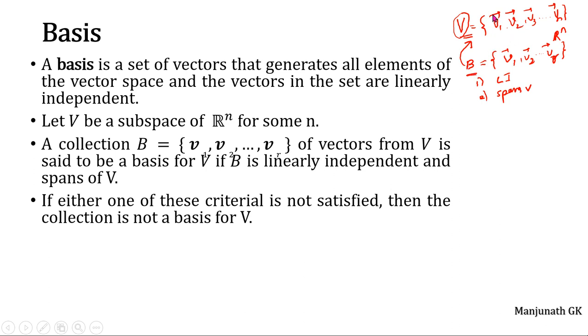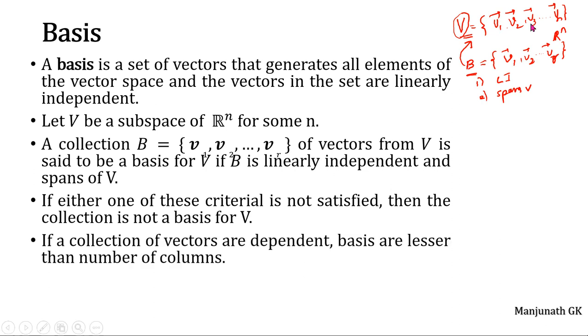There are two possibilities in a vector set. Vectors v1, v2, v3 till vn can be either dependent or independent. If these vectors are dependent, then the basis size will be less than the number of columns.